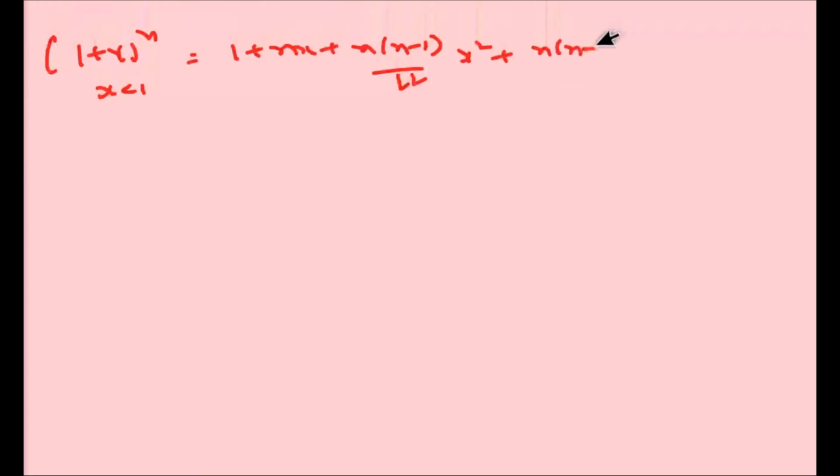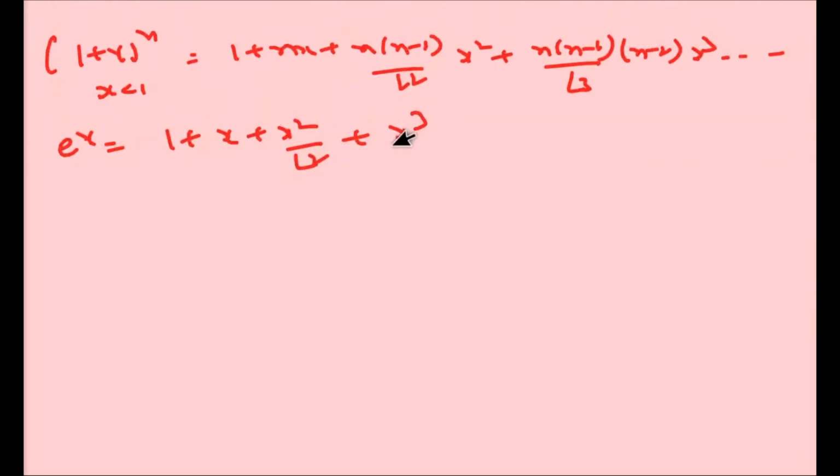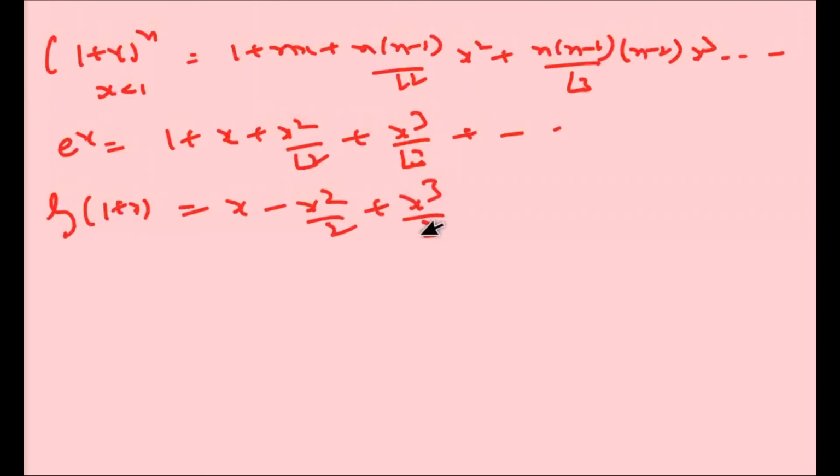Using the binomial series, 1 plus x to the power n, for x less than 1, we can say 1 plus nx plus n into n minus 1 upon factorial 2 x square plus n into n minus 1 into n minus 2 upon factorial 3 x cube and so on. e to the power x equal to 1 plus x plus x square upon factorial 2 plus x cube upon factorial 3 and so on. log 1 plus x equal to x minus x square by 2 plus x cube by 3 minus x to the power 4 by 4 and so on.